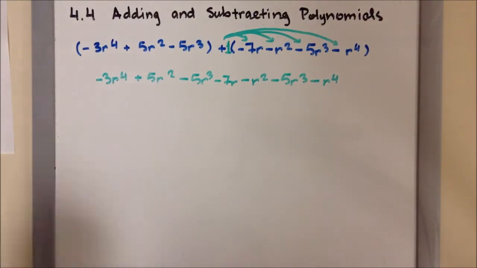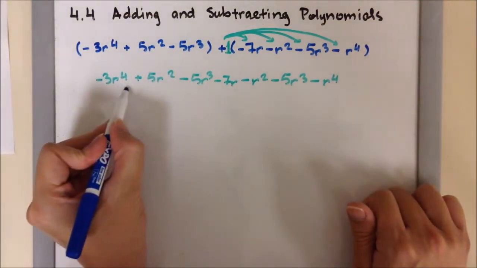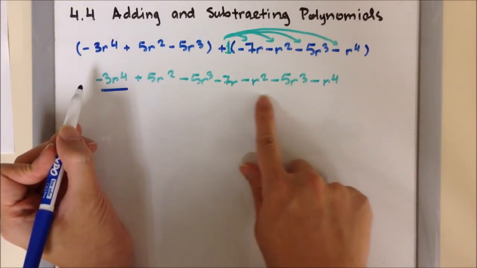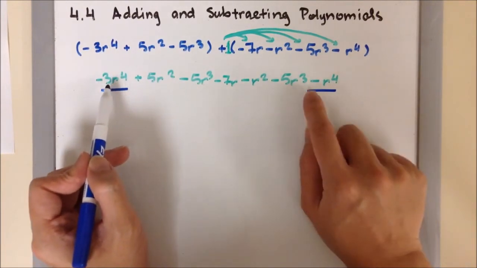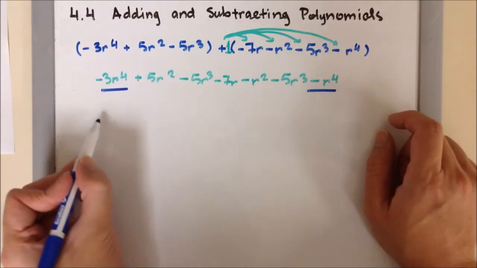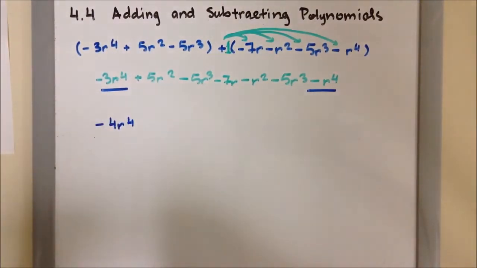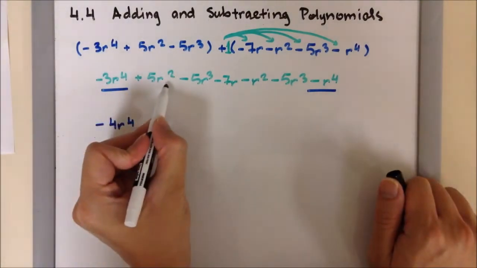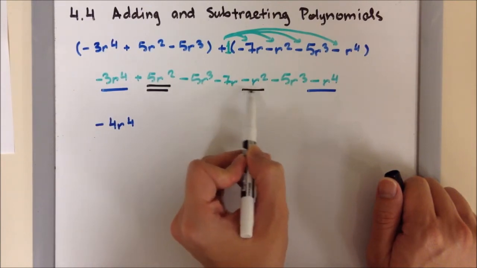Alright, so let's start combining like terms. We're going to start with my r to the fourth. I'm going to look for any other terms that are r to the fourth, which we have right at the very end. So negative 3r to the fourth minus r to the fourth will be negative 4r to the fourth. Next, we're going to look at the r squared and check if we have any more, which we do right here.